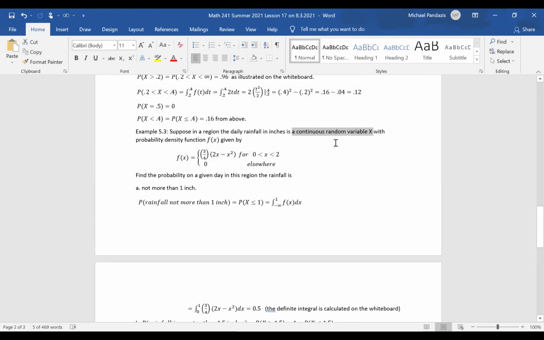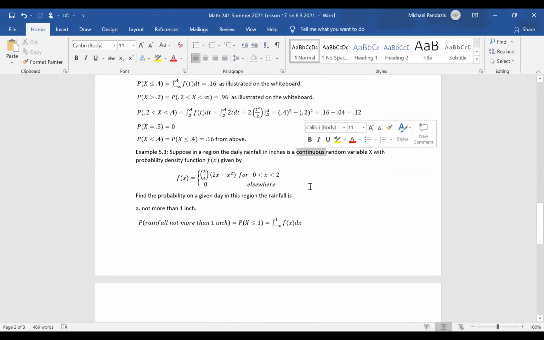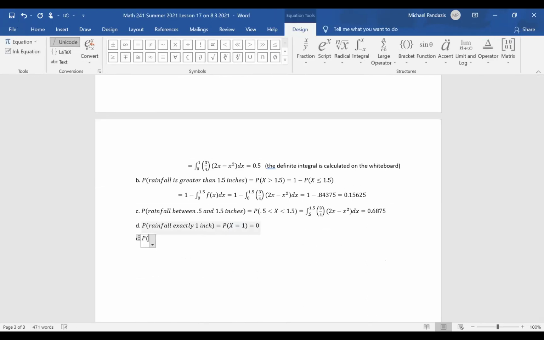So the amount of rainfall is a continuous random variable, capital X. So the fact that it's continuous means the probability that X taking on any particular value is 0. That's one of the rules, the first rule that we had earlier. E, the probability that rainfall is less than 1 inch is equal to the probability that capital X is less than 1.